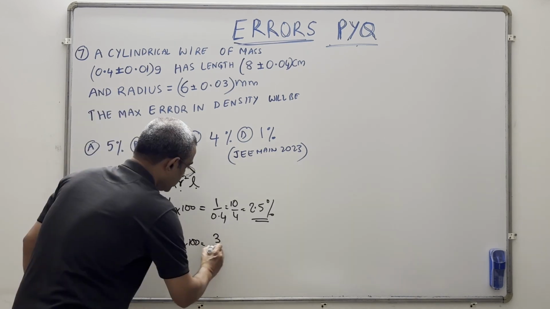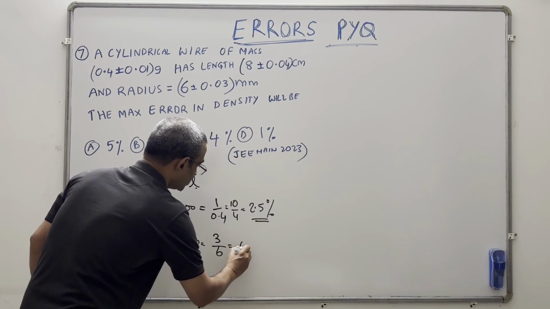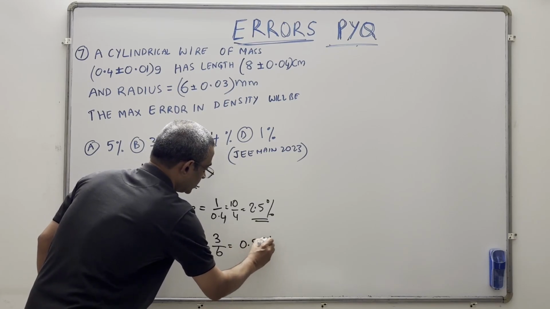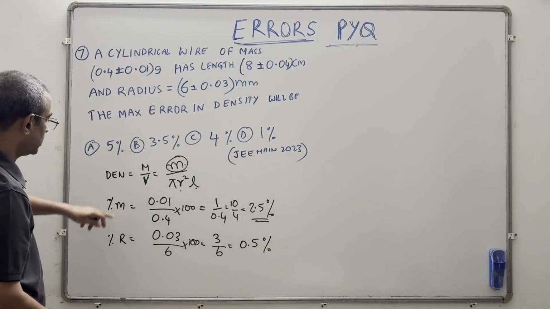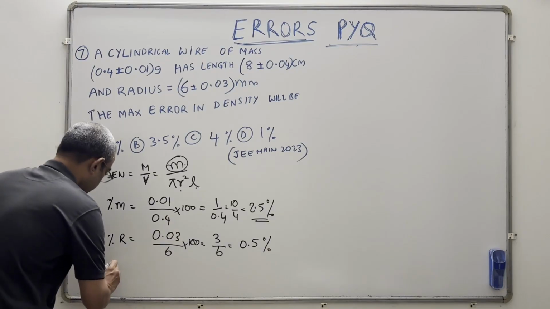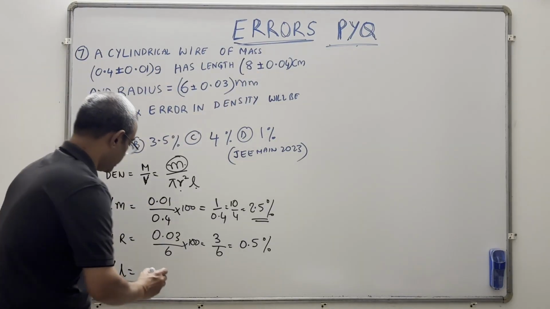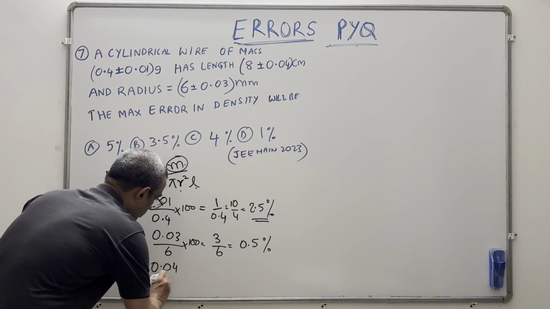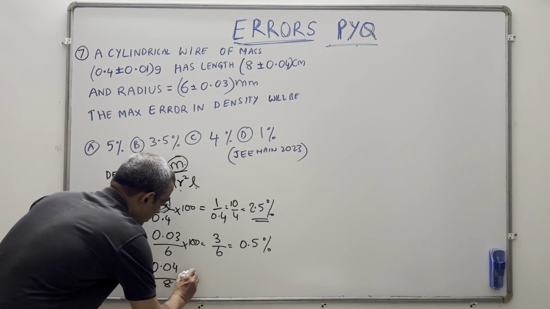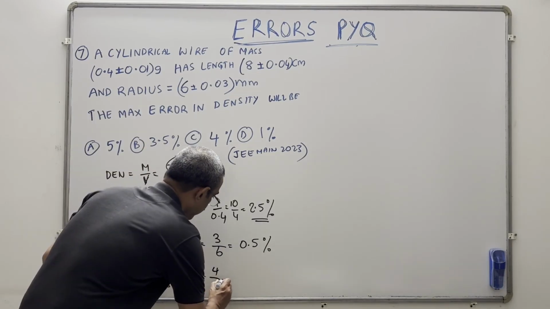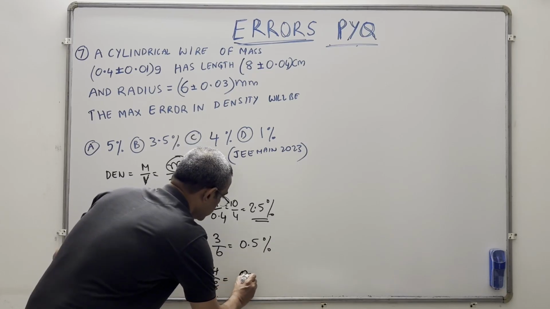That is 3 by 6 or 0.5%. This is the error in radius. What is the error in length? Percentage error in length. Length is 0.04 by 8. 0.04 by 8 into 100 or 4 by 8, and we have 0.5.